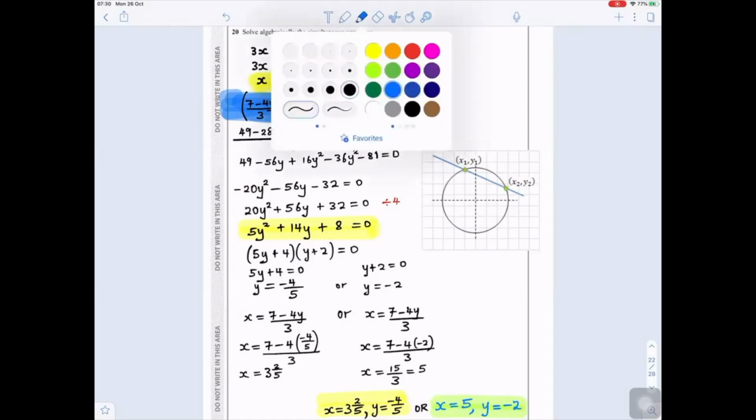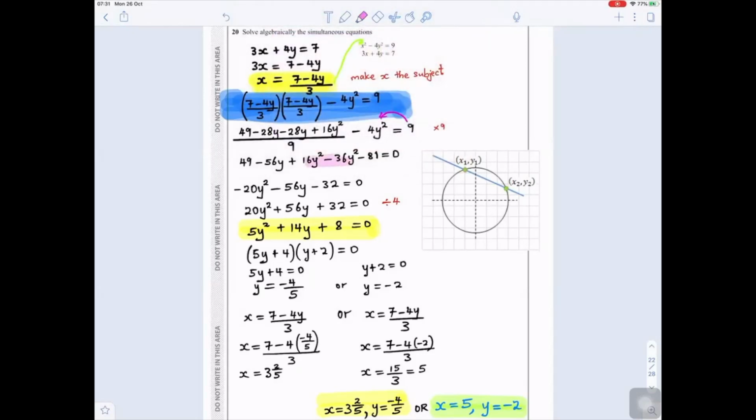Let's put those two together in a color that you can see. And then minus 56y minus 32, because 49 minus 81 gives you minus 32.